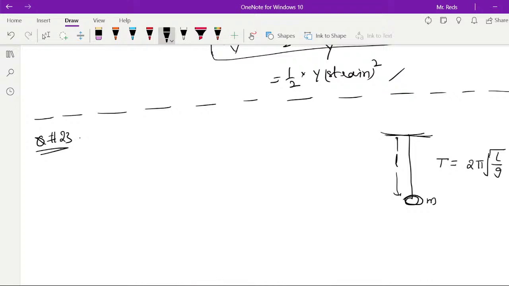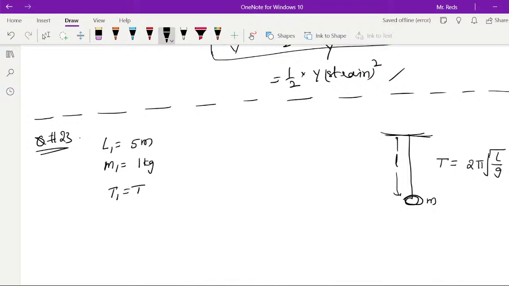Now in this case, the simple pendulum is made by attaching a 1 kg bob to a 5 meter long wire. Here the initial length is given as L equal to 5 meter. If mass M1 equal to 1 kg is attached to this length of 5 meter, then the initial time period T1 is a certain time period.